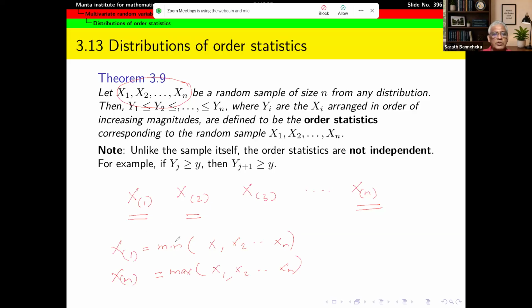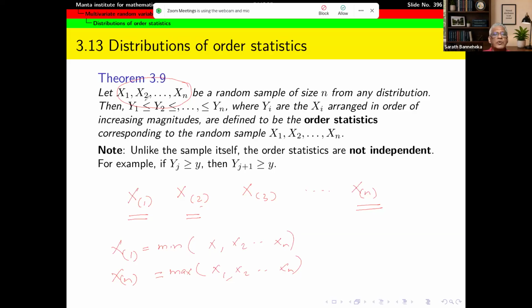So each of these is a function of these observable random variables. Therefore, this is a statistic, this is a statistic, and similarly, this one will be a statistic, and so on. Those are the ones called order statistics. This is the first order statistic, second order statistic, third order statistic, and so on.